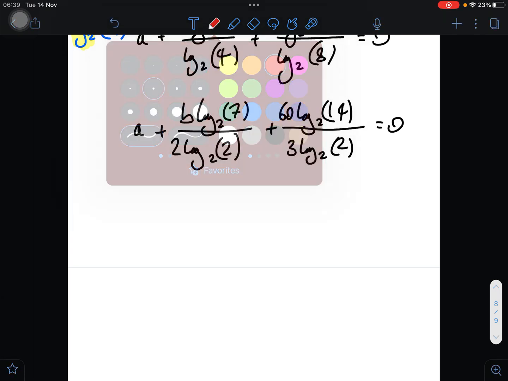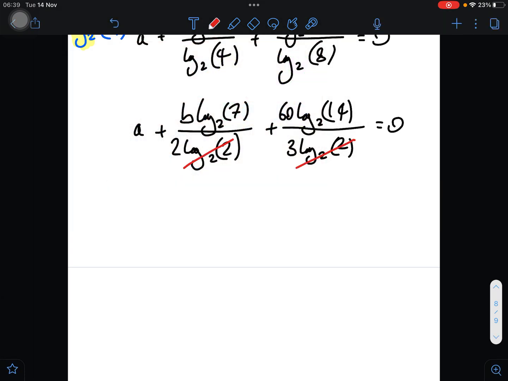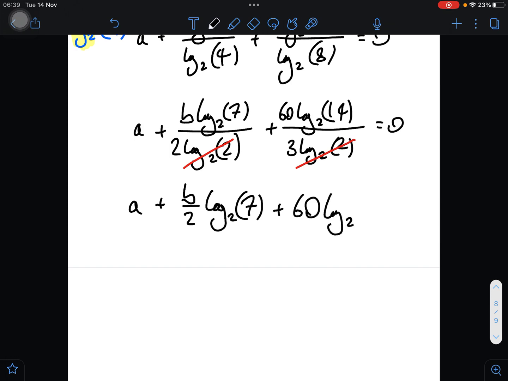So, log 2 of 2 is 1, log 2 of 2 is 1. So all we're left with now is a plus b over 2 log 2 of 7 plus 60 over 3, which is 20, log 2 of 14 equals 0.